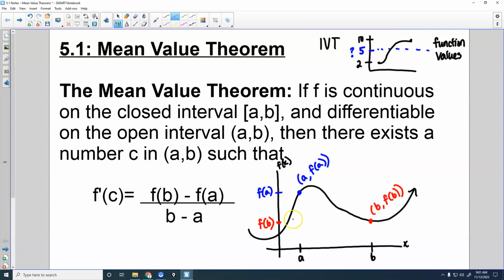So what is f of B minus f of A over B minus A? What is that telling us about this graph? It is a slope, the slope between A, f of A and B, f of B. This right here is our slope of this line between the endpoints.